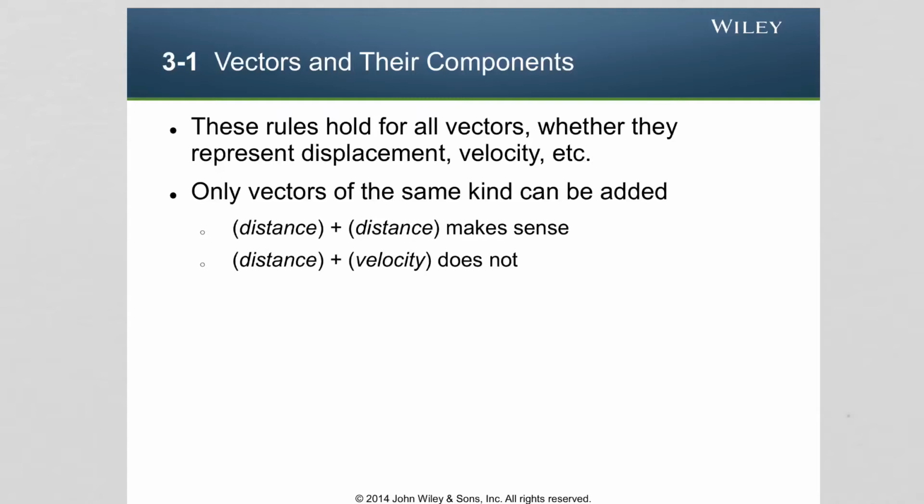If you add mass to volume, this is an example with scalar quantities, but it has the same idea, that makes no sense. It only makes sense to add two masses, or two volumes, or two temperatures, and so forth. So you can only add quantities that are of the same type. And so that applies for scalars and for vectors.